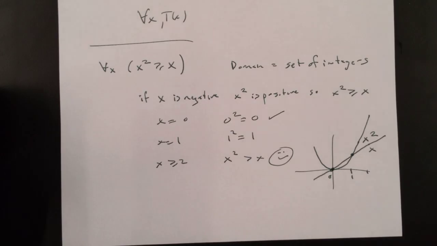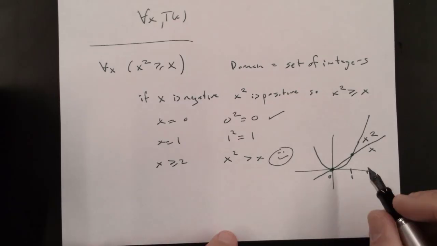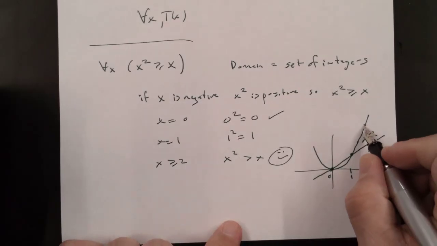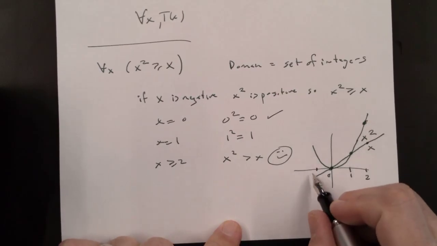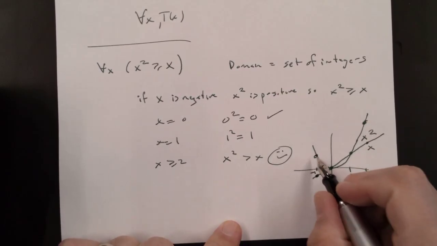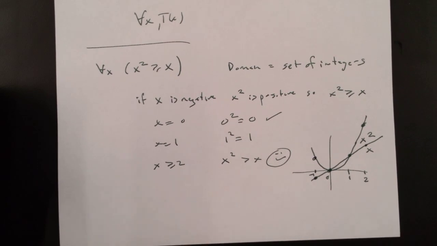Technically, I have examined all the options. I'm good to go. But it really is only talking about the dots. Like that, right? Notice what happens between 0 and 1.